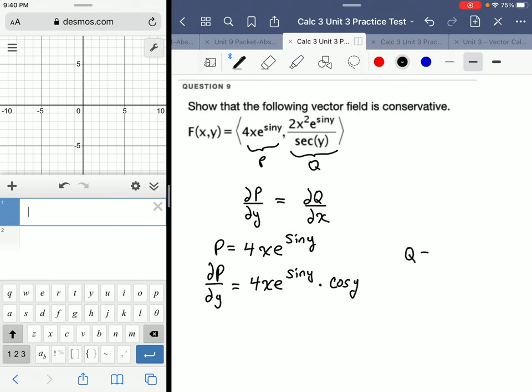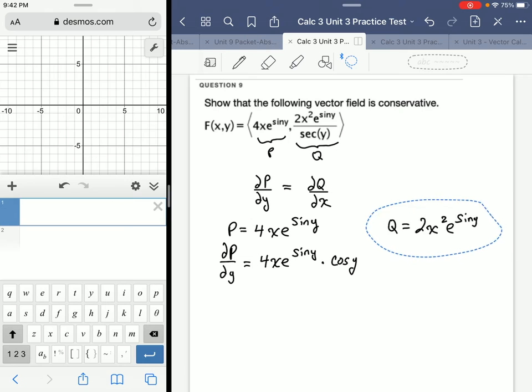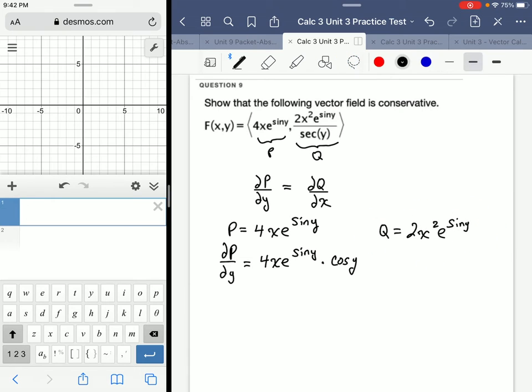Then Q, now that's kind of a mess, but we can clean it up a little bit, because 1 over secant of y is the same as saying cosine of y. So we have 2x squared e to the sine y cosine of y.